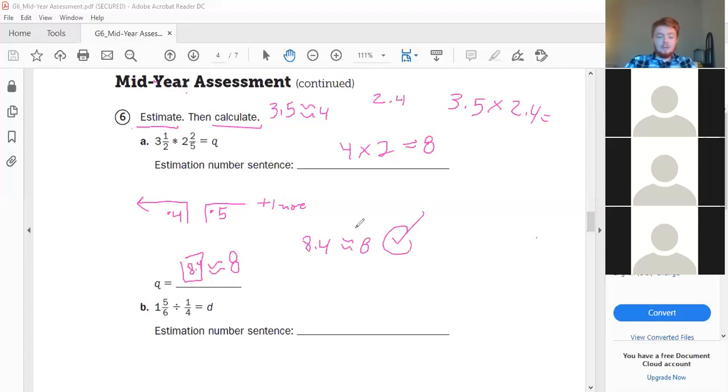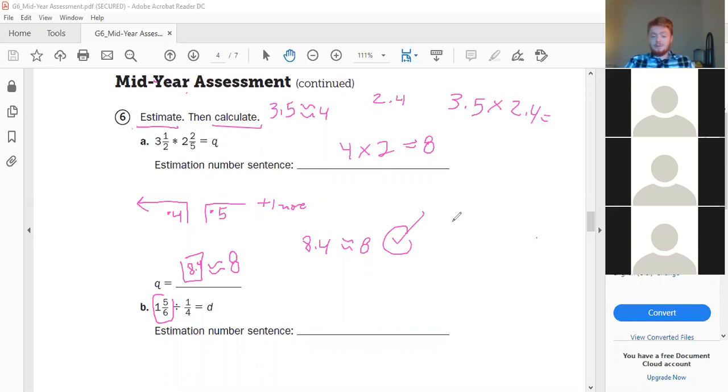Okay. So to answer Sambriti's question, for those of you that don't know how to estimate, estimate is just when you are rounding to a whole number. So, like even for this one, for example, 1 and then 5/6.